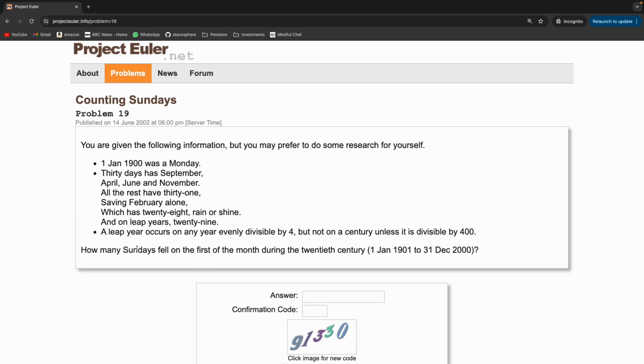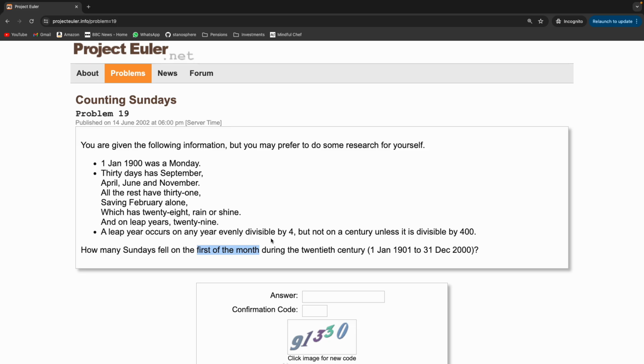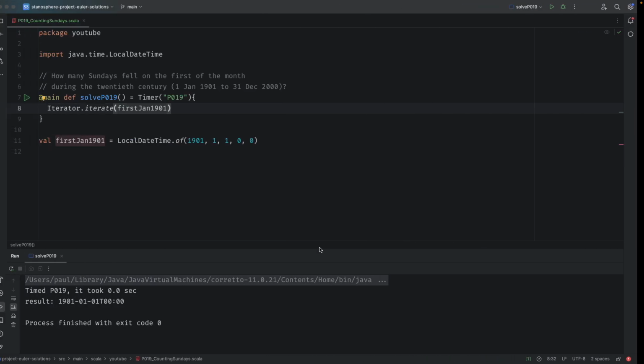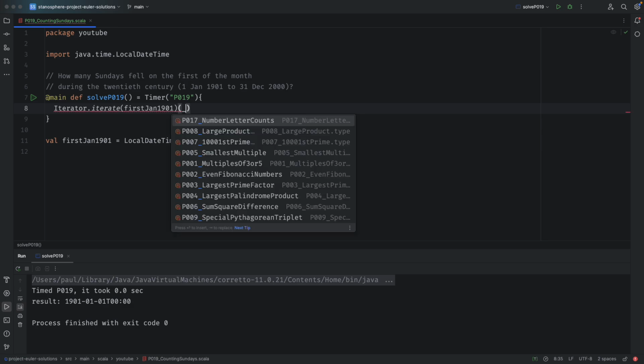We can either get all of the Sundays and see if they fell on the first of the month, or get all of the firsts of the months and see if they fell on a Sunday. So let's do that. How are we going to do that? Well, I think we can do plus.